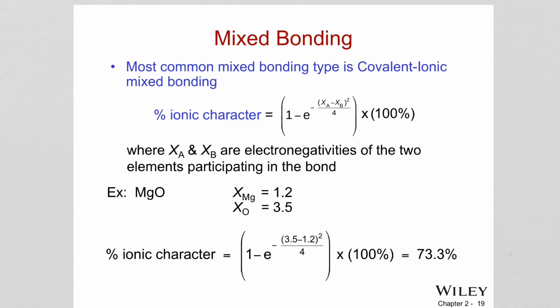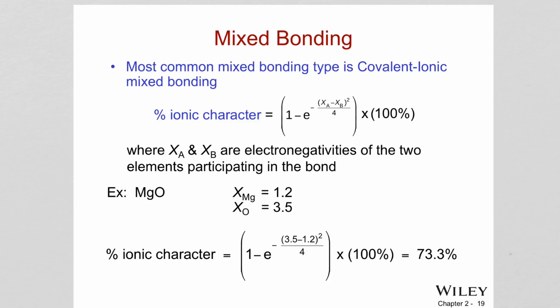So there is an equation given to us, which is how we can calculate the percent ionic character of a bond between certain elements, let's say A and B. And X represents the electronegativities. We just saw the periodic table where the electronegativities of the elements were given to us. So X represents the electronegativities of the A and B atoms.